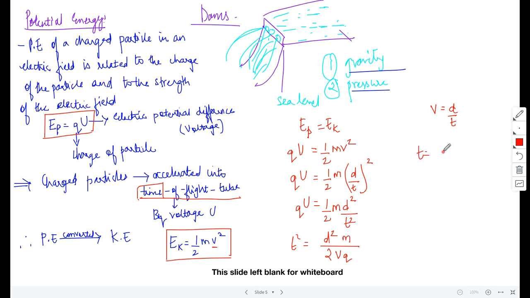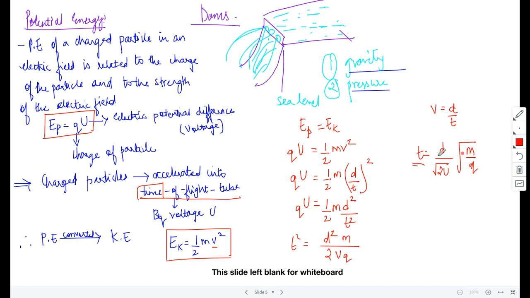So my answer will be d over root 2U, and the whole root of m by q. Yes, I understand, square roots. We get the time of flight.